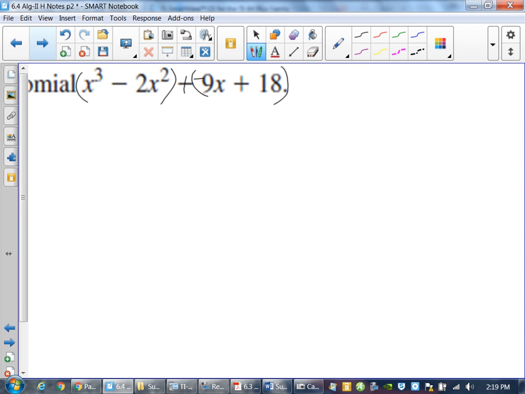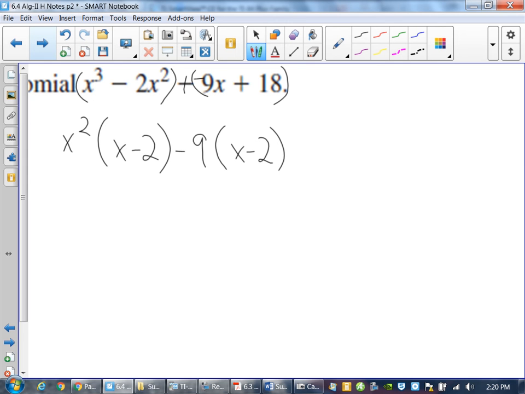What's the GCF of x cubed and 2x squared? X squared, very good. I'm then left with x minus 2. What's the GCF of the next part? 9, or negative 9. And lo and behold, I'm left with x minus 2. Are those two things in the parentheses the same? That's a good thing.